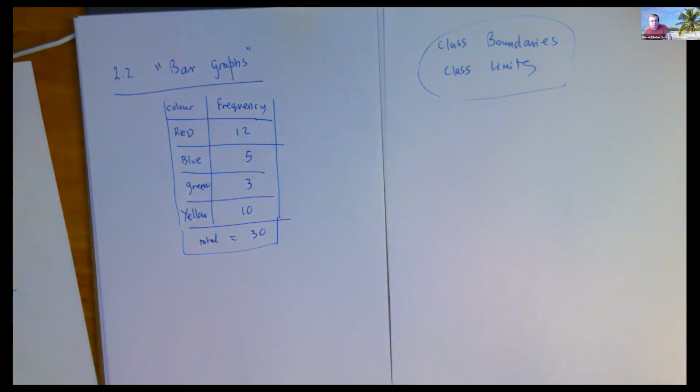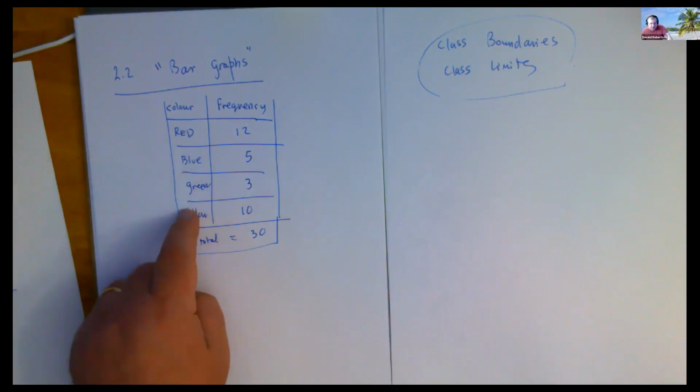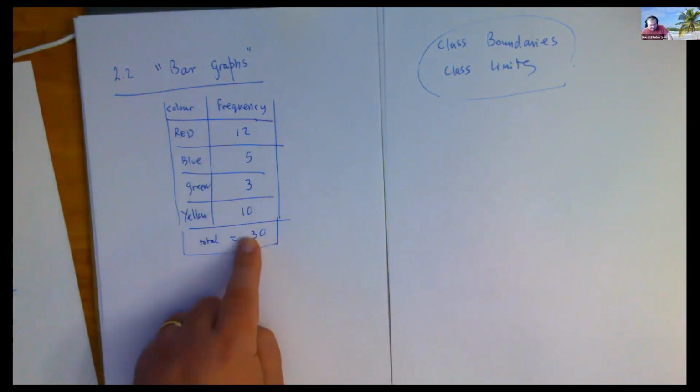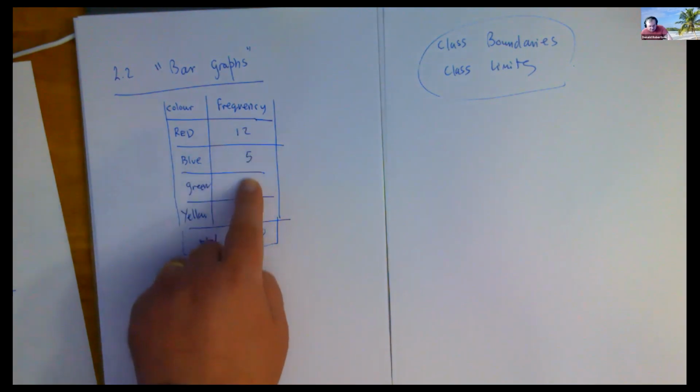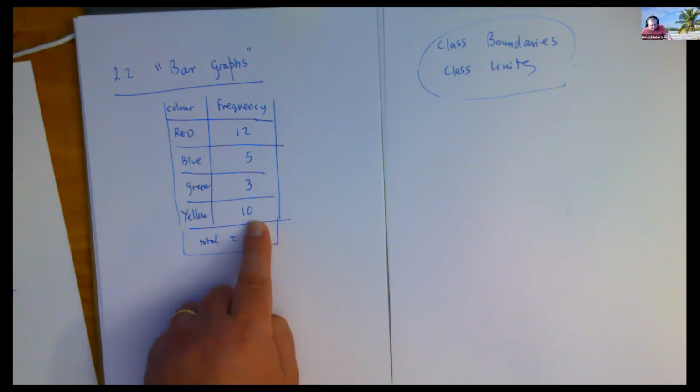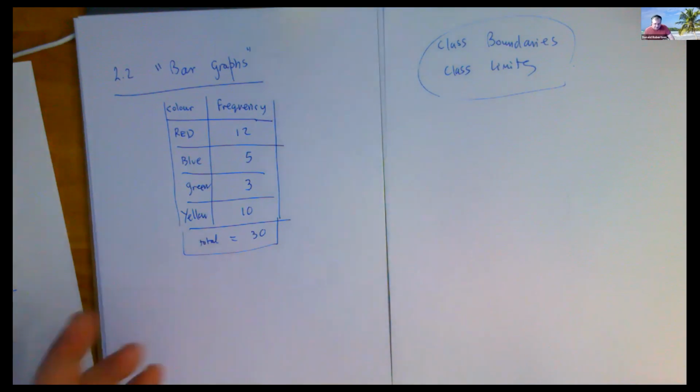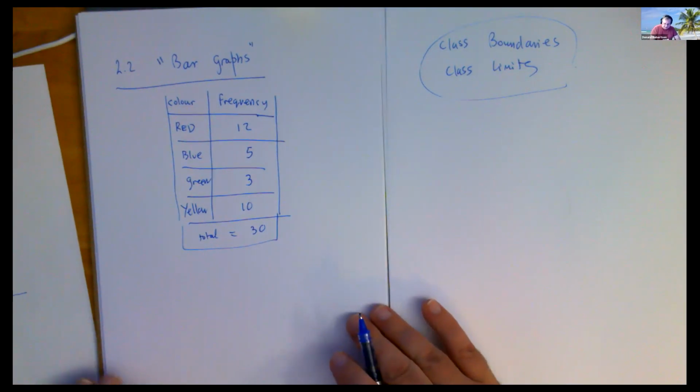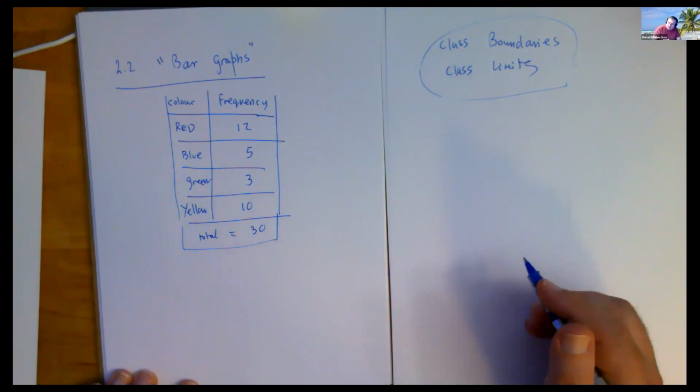So here's a table. We've already summarized the information. Do you see what I've done is collect all this categorical data, and we've just looked at how many people in our little sample of 30 people, which is what that's telling us, said that that was their favorite color.